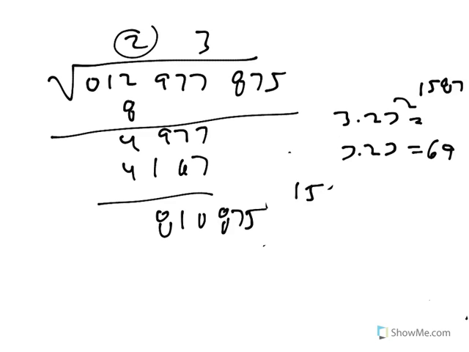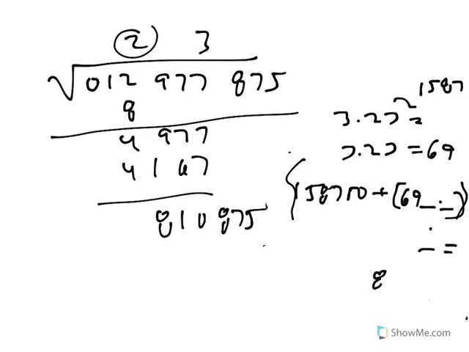So I'm doing 158700 plus 690 something times that same something, and then that whole thing multiplied by that same something. We want that to be close or equal to 810875.